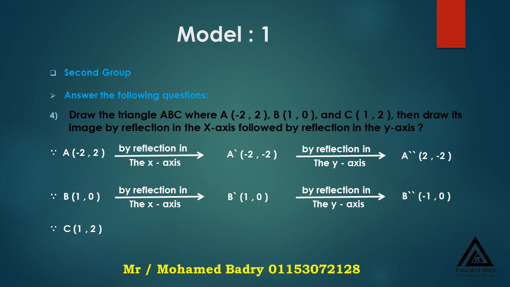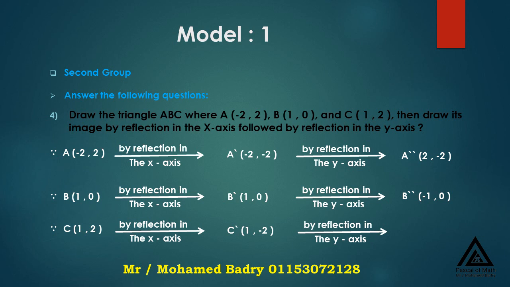Okay. Now, since C equals 1 and 2, by reflection in the x-axis, C dash became 1 and negative 2. But if we want to make a reflection in the y-axis, we will change, yes, of course, the sign of x. C double dash became negative 1 and negative 2. Excellent.